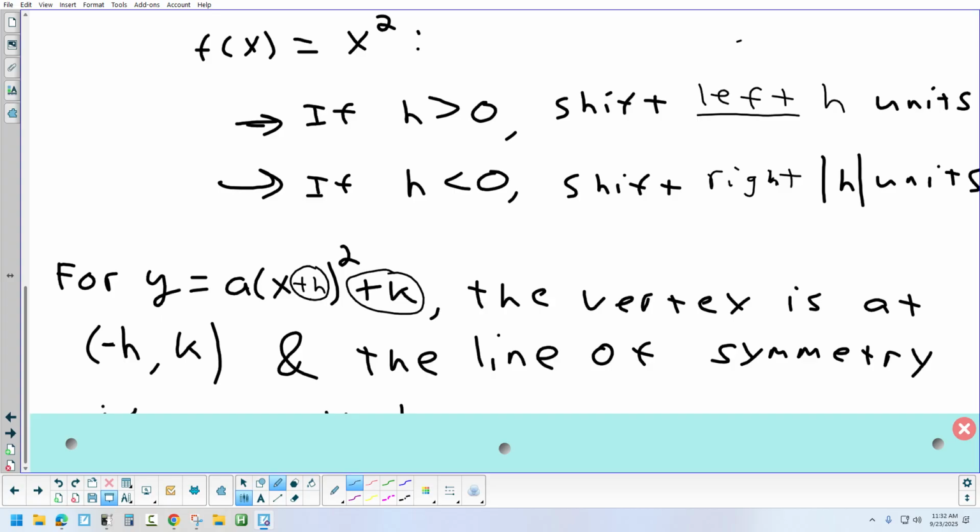Now, the line of symmetry. What direction is the line of symmetry going for a parabola? All parabolas have a line of symmetry that goes vertically. So if you had a parabola, and you draw the line of symmetry, how does the line of symmetry change if I shift the parabola down?